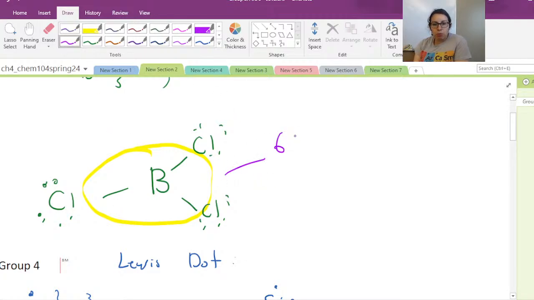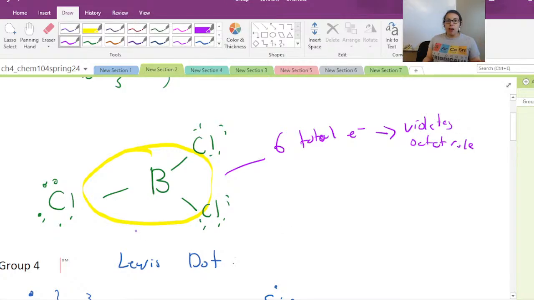So we have 6 total electrons, which means boron is feeling 6 total electrons. But what was our rule again? The octet rule. So we're violating that. So now we can say, this violates the octet rule.